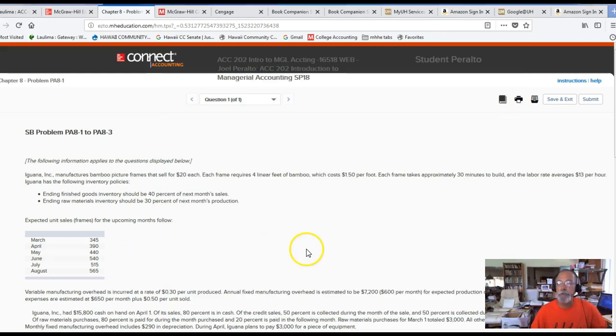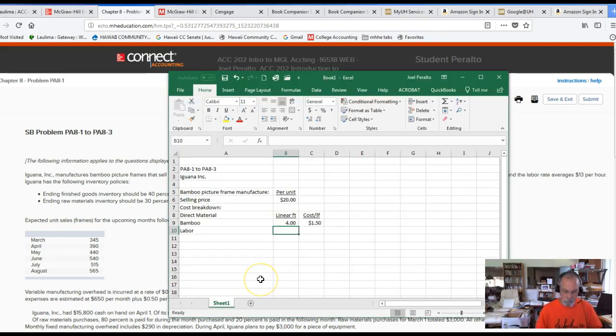Next was the labor. Labor is 30 minutes at an average rate of $13 an hour. So let's move this down. Hours and cost per hour.